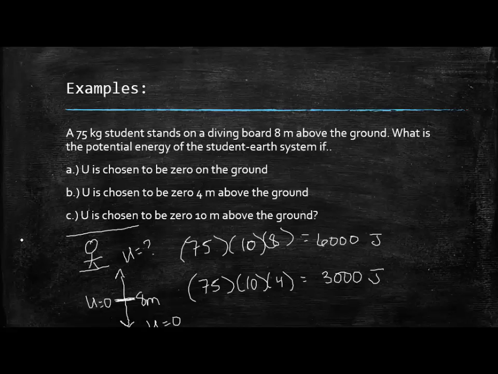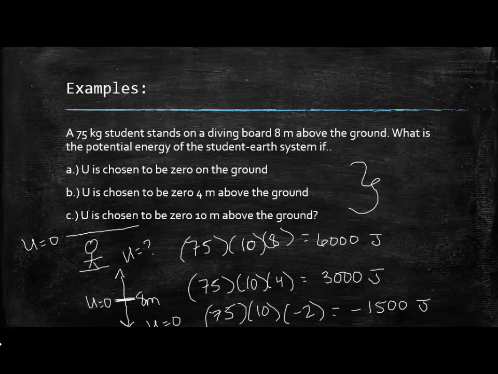Now she's actually below the 0 point by 2 meters. So it would be 75 times 10 times negative 2, which is negative 1,500 joules. So always keep that in mind when dealing with these problems. You have to be very mindful of the reference point.